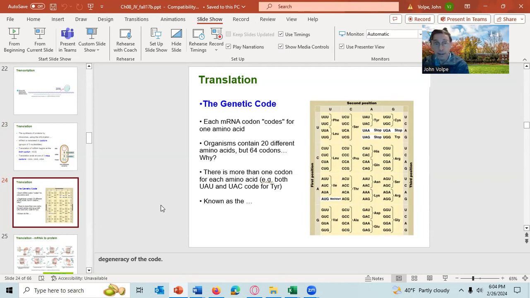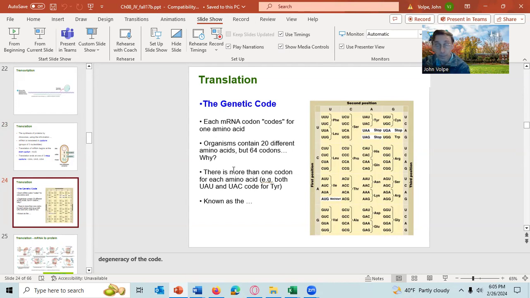Each messenger RNA codon codes for 1 amino acid, but organisms, at least humans and most bacteria, only contain 20 different amino acids. But there are 64 possible codons. Why? What do you do with the extra codons?